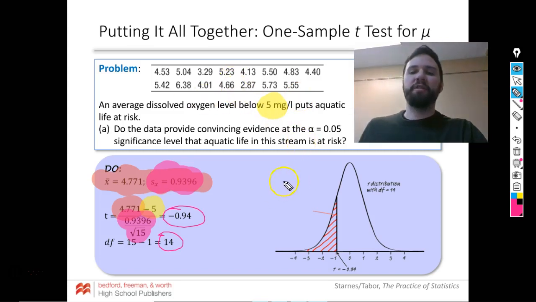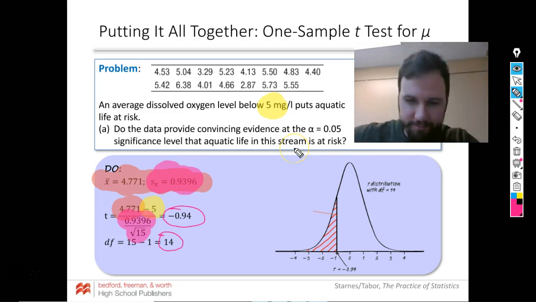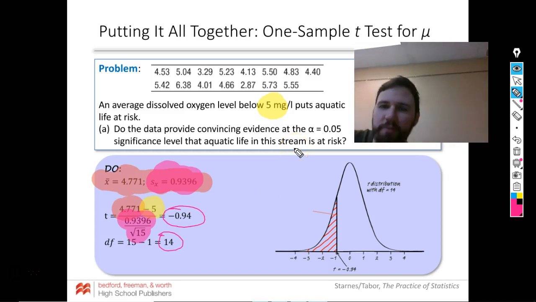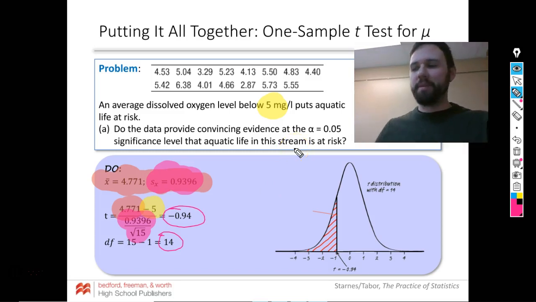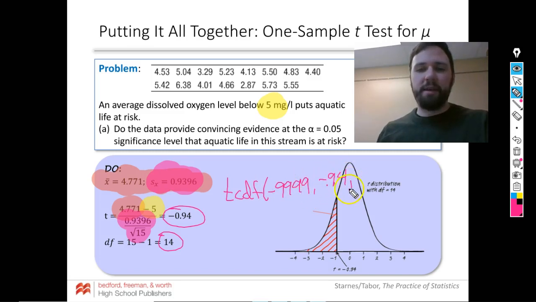Okay, from here we can use the table, or I'm going to use TCDF, so that's my test statistic. It's less than, so I'm going to go negative 9999999 to negative 0.94, and my degrees of freedom are 14, right?